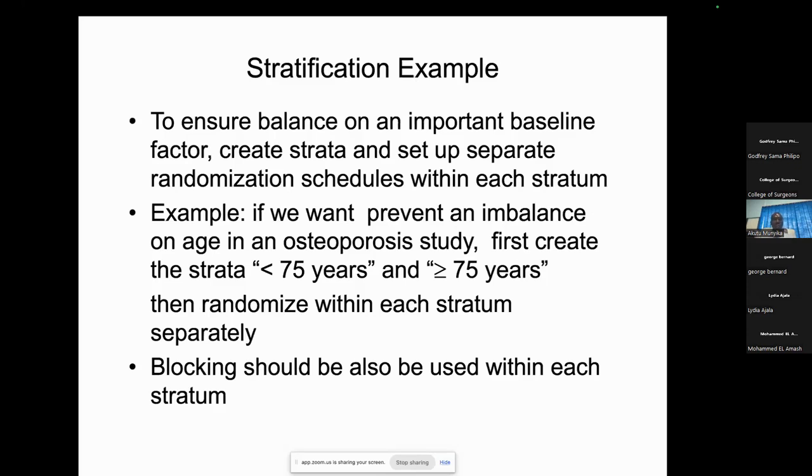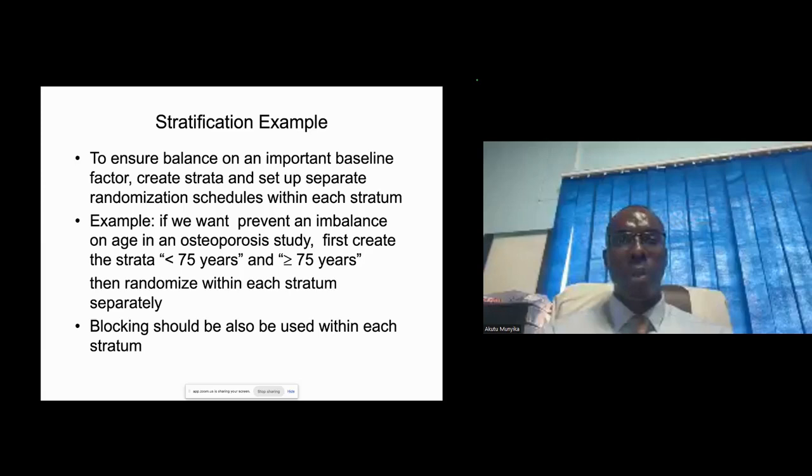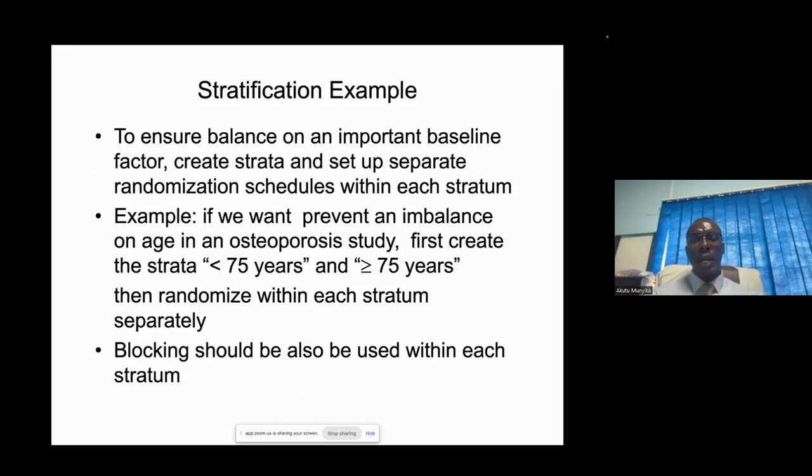Stratification, on the other hand, ensures a balance on an important baseline factor. So you create strata and set up a separate randomization schedule within each stratum. An example: if we want to prevent an imbalance on age, in that example that we have given of osteoporosis, first you create strata, for example, age below 75 and age above 75.